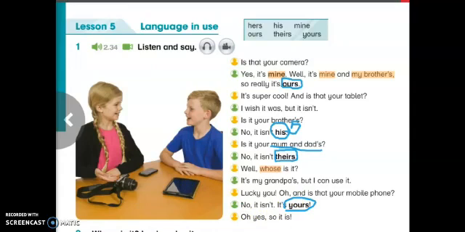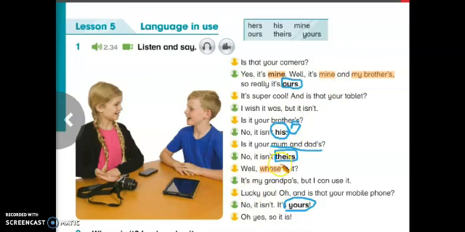As you can see, my students, in this dialogue, we use possessive pronouns, which are mine, بمعنى لي, ours, لنا, his, له, theirs, لهم, yours, لك.